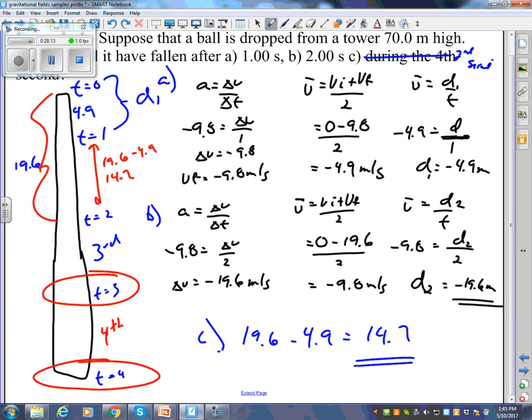That's way better. 14.7 meters. Why does it go so much farther in the second? Because it's going faster. It's going way faster during the second. The first second is between 0 and 1, the second between 1 and 2.